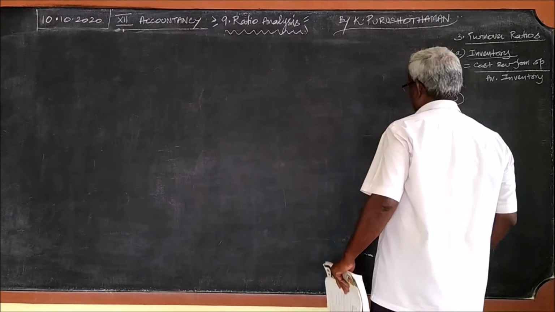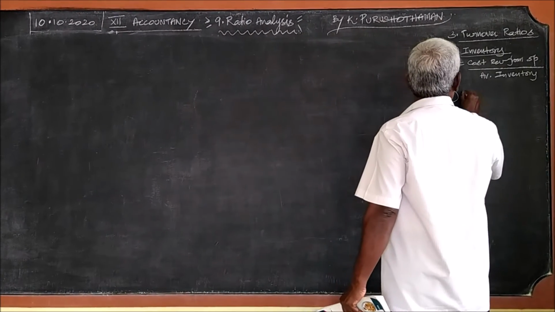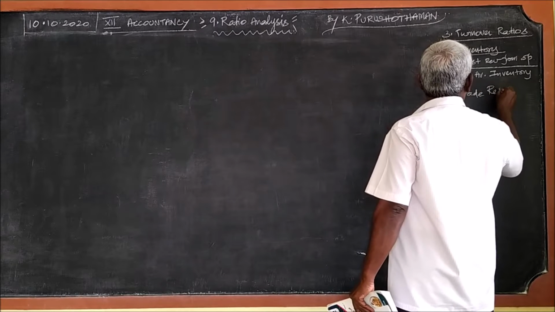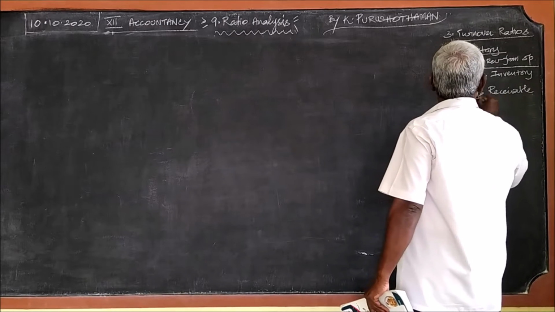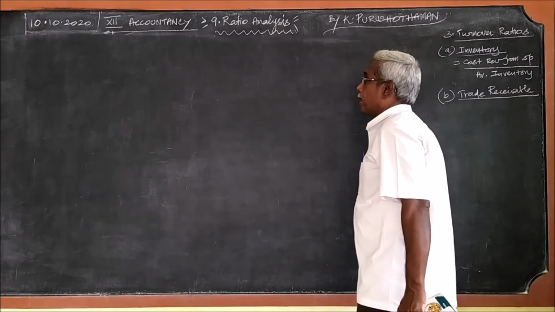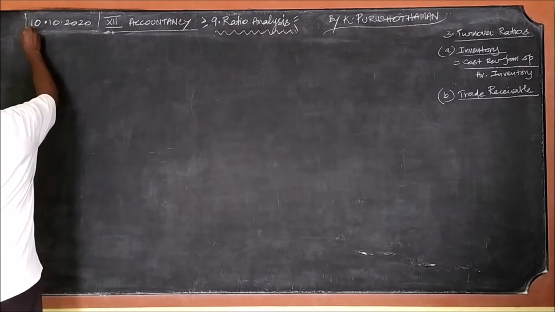The second type is trade receivable turnover ratio. Trade receivable turnover ratio. For this, what is the formula?